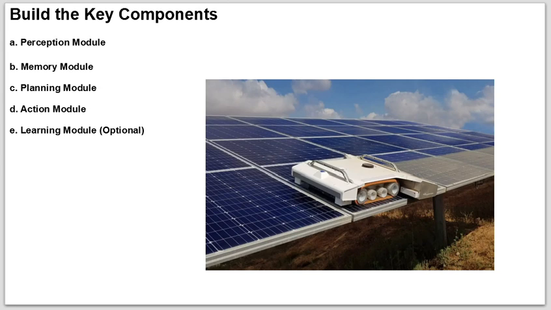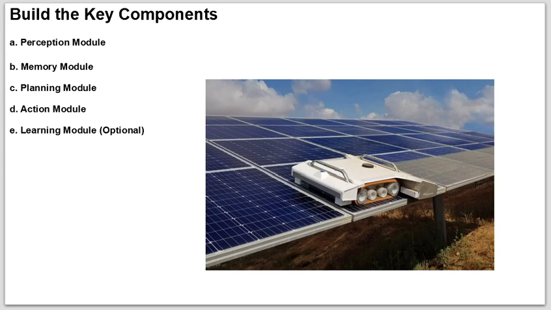Then we have the memory module, which stores knowledge about the environment, rules, and past experiences. It can include both short-term memory, which is recent events, and long-term memory, which is learned patterns from the data it is receiving from the environment. Example, the robot remembers areas it has already cleaned and avoids repeating the same spots unnecessarily.